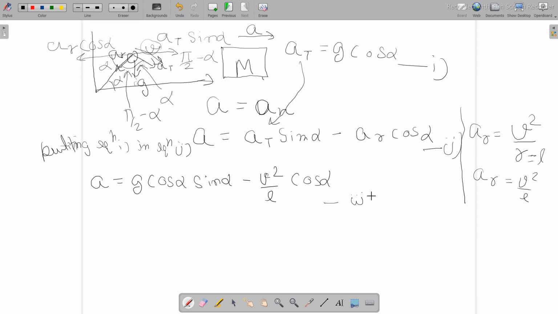Now if we take the free body diagram of the figure, in which I am drawing, just please ignore my drawing.